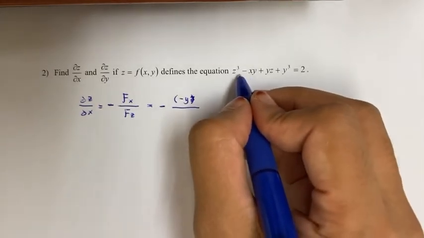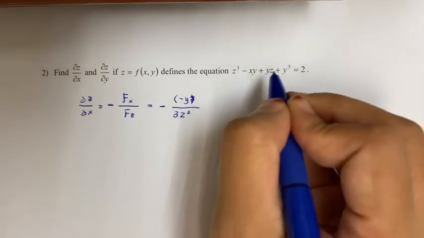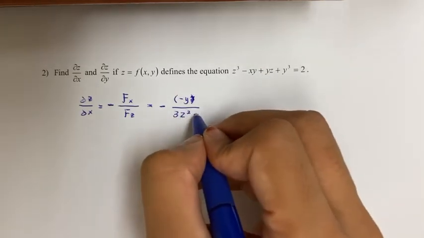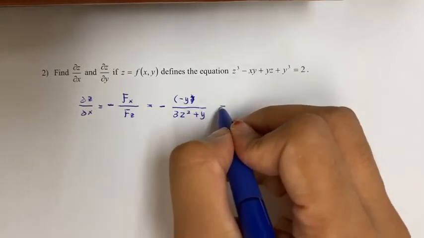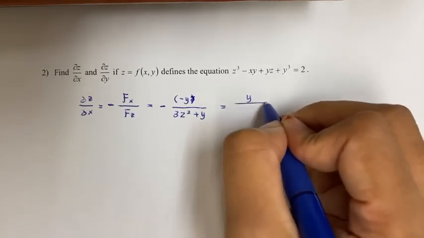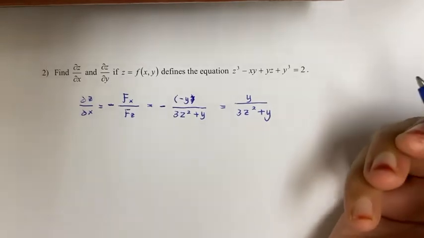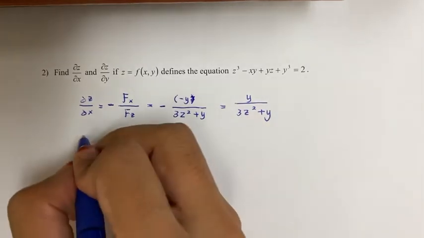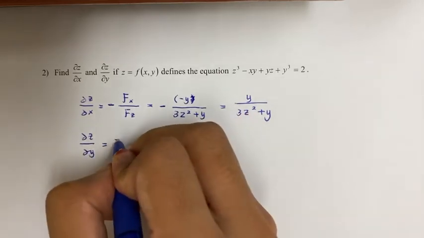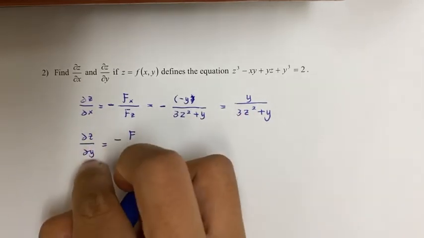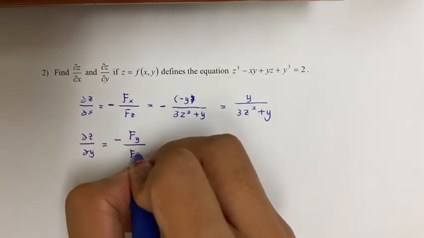So with respect to z, you have 3z squared minus 0 plus y plus 0 plus 0. So the answer is y over 3z squared plus y. Simple.